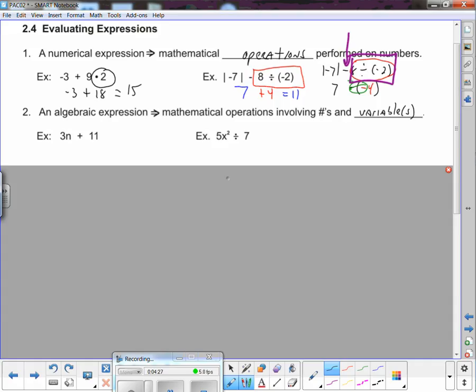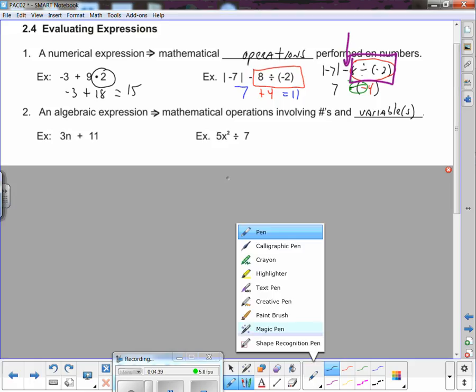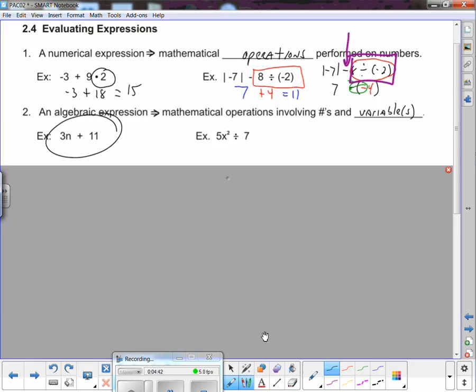A lot of times I'll do apostrophe S at the end because it could just be one variable or multiple variables. And as you can see, the left expression, this 3n plus 11 is an algebraic expression.